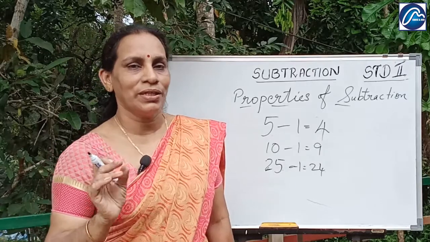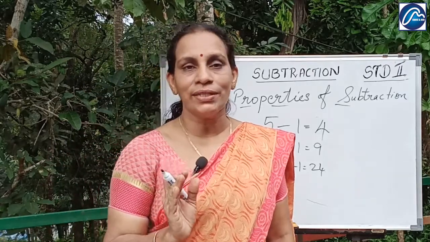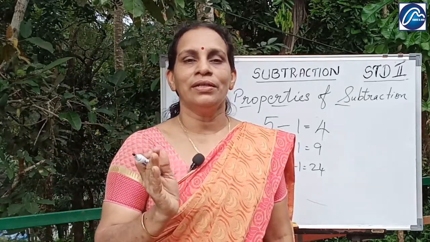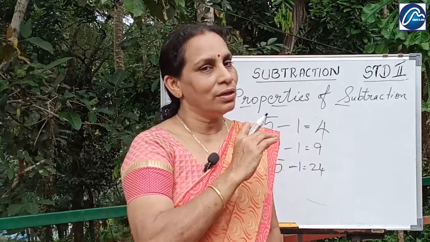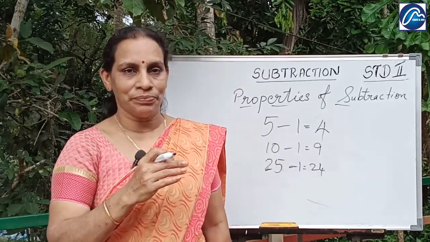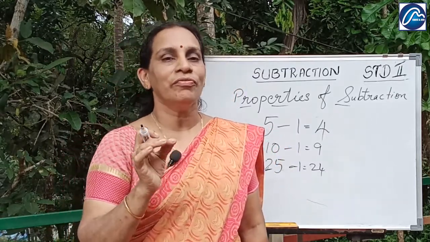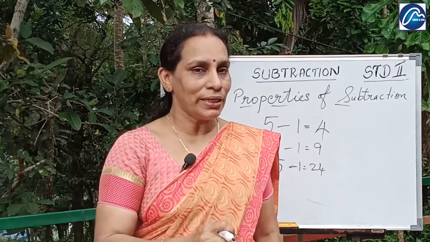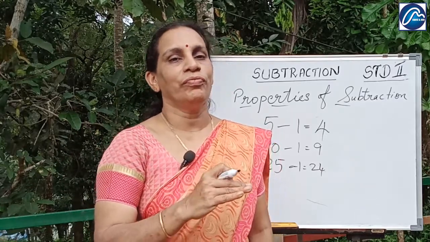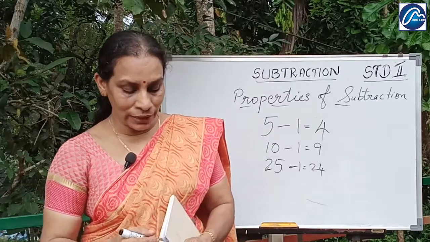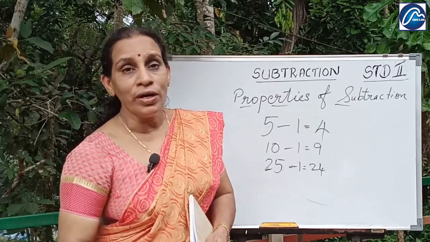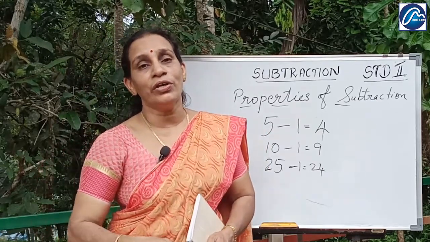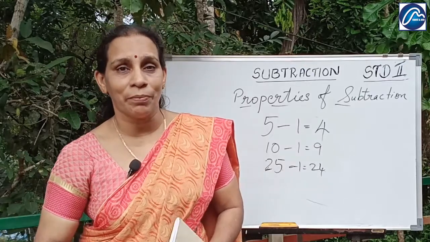When you subtract 1 from a number, you will get the number just before the number, or the predecessor of the number.